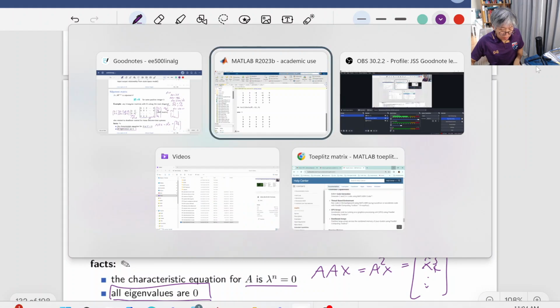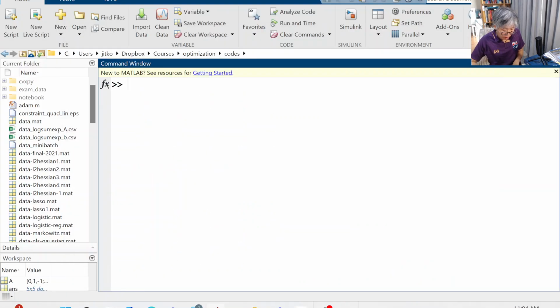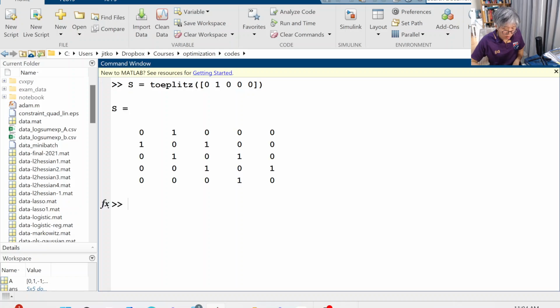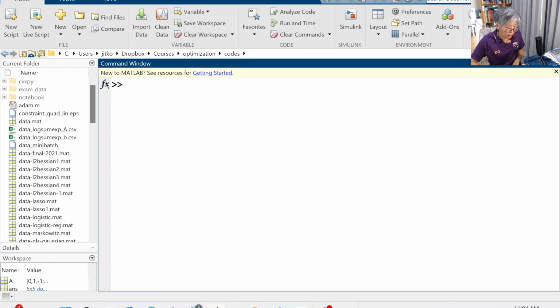All right, so let's verify real quick. I can create a shift matrix. Oh no, not with the Toeplitz command, sorry. Let me just compute it manually.